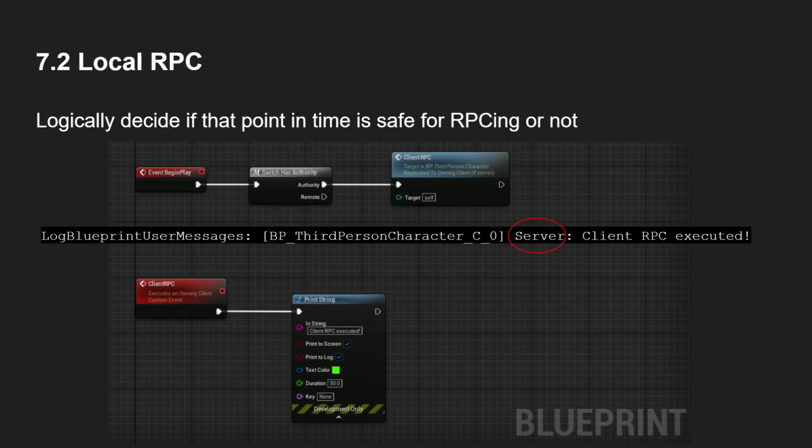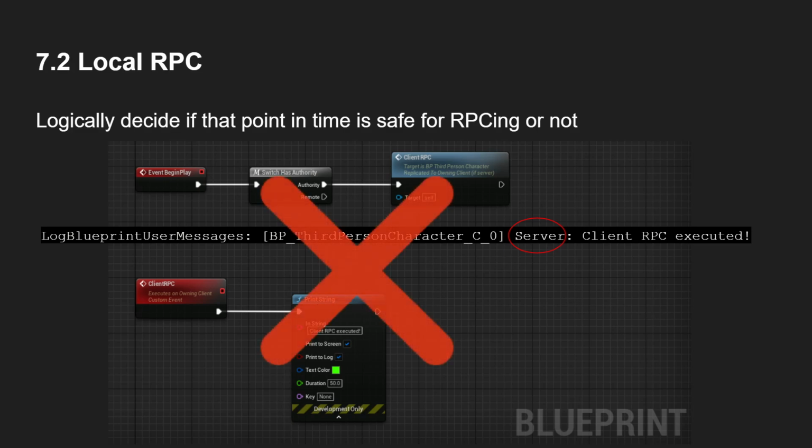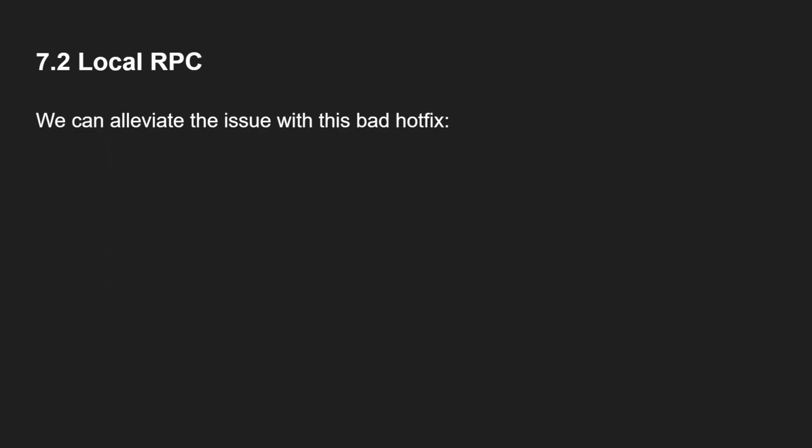And the reason for this again is that at the time the begin play of a character gets called, the character is not meant to be possessed. Most of the time, the character is not possessed by a player controller. And the way Unreal Engine works, every time the pawn is possessed by a player controller, it's automatically owned by that player controller. So considering that it's not possessed, it's also not owned, so it does not have a net connection. So this is also a wrong thing to do. Do not ever do it.